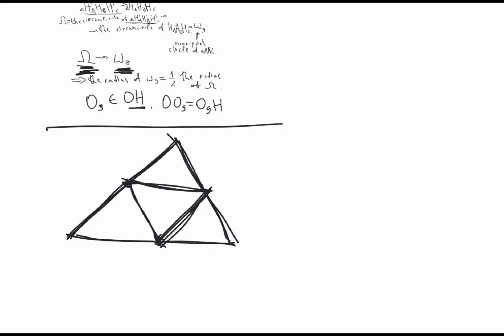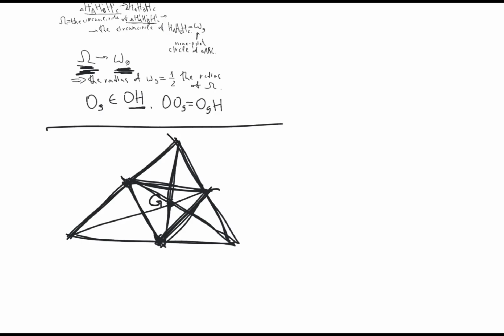So it's twice smaller than the large triangle. But they're not only similar, but they're homothetic as well. So if we consider the centroid of the triangle, so we draw the medians and consider their intersection point, which is the centroid, we denoted it by G.